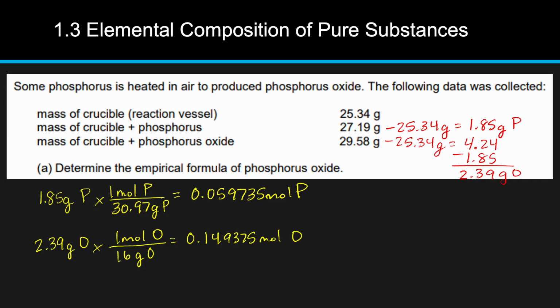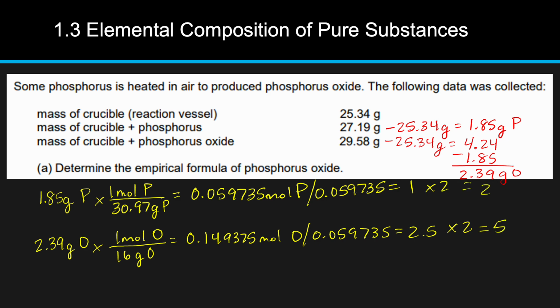The next step is dividing by the smallest number, which will be 0.059735. Since they are not whole numbers, we're going to multiply until they are. Since it's a 0.5, we need to multiply by 2, and whatever we do to one, we need to do to the other. So we'll have 2 moles of phosphorus and 5 moles of oxygen. So our empirical formula is going to be P2O5.